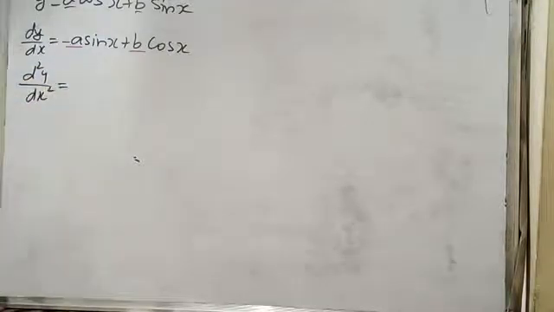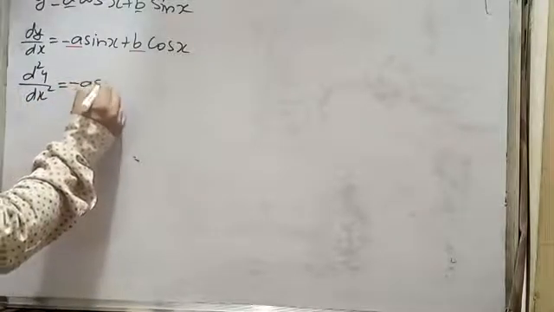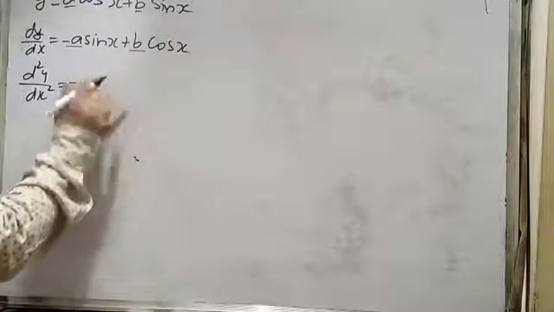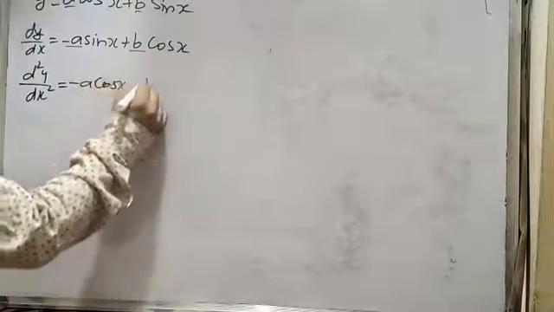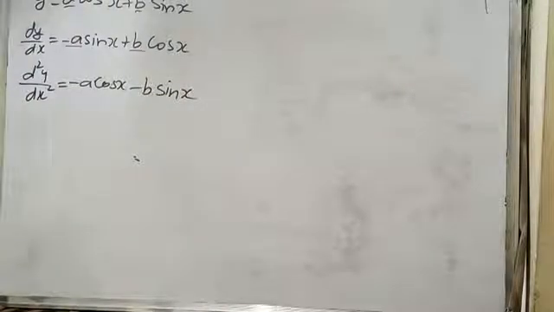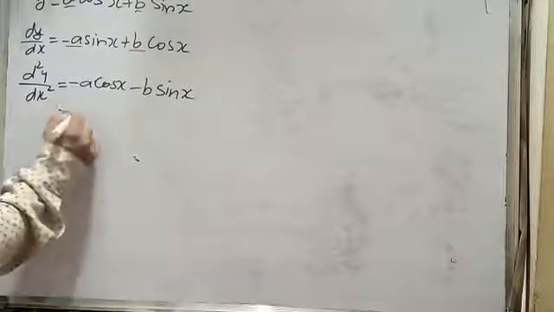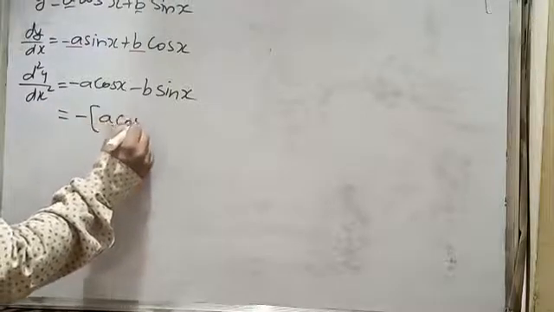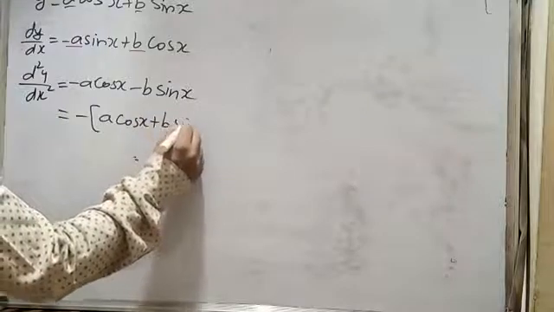If you differentiate again, what are we going to get? d square y by dx square is equal to minus a cos x minus b sin x. Right, I am going to get this part. Now I can take minus common, so I can write minus of a cos x plus b sin x.